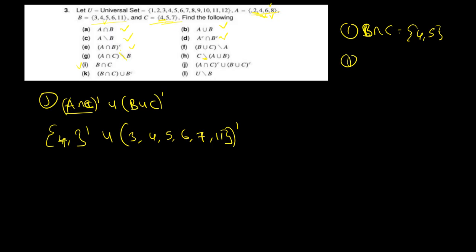We'll list everything but excluding 4. So these will be from the universal set: 1, 2, 3, 4, 5, 6, 7, 8, 9, 10, then 11, 12 like that. Then union everything. So that is the complement of this.